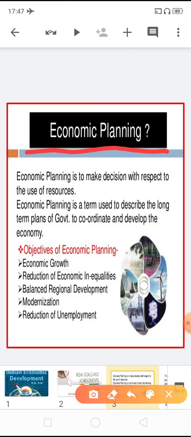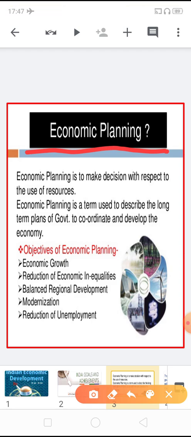So the principal focus is on the rational management of the scarce resources. The resources are to be rationally utilized so that social welfare is maximized along with GDP growth. So this was the principal focus of India after getting independence from the Britishers.